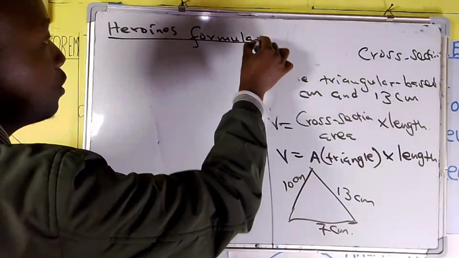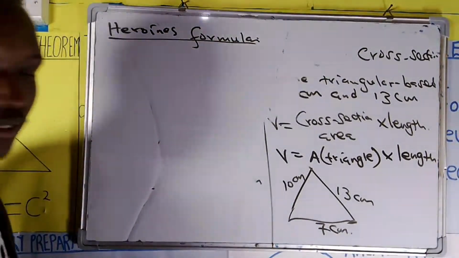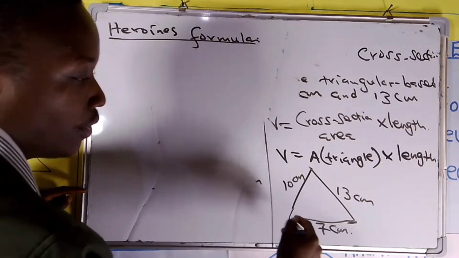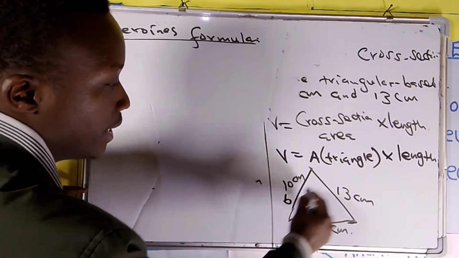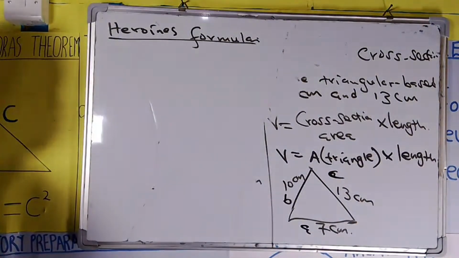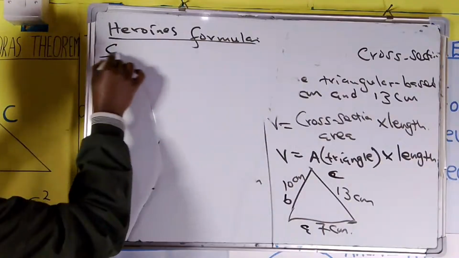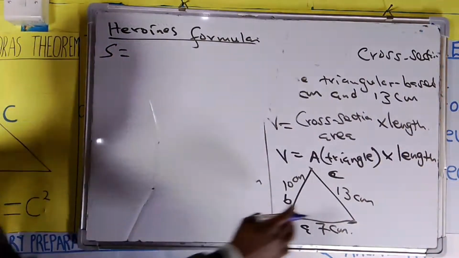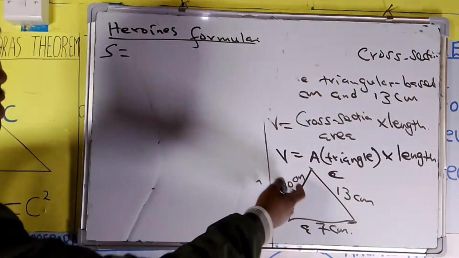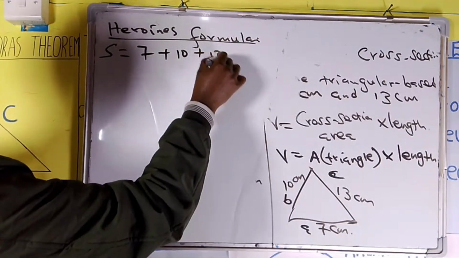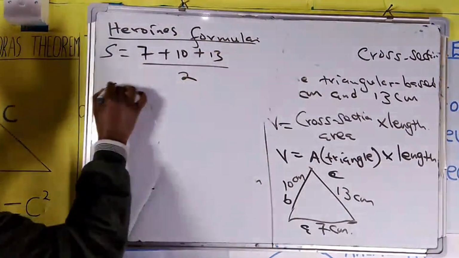How do we use Heron's formula? We call the sides A, B, and C. The first thing we determine is S. S is equal to A plus B plus C, that is 7 plus 10 plus 13, then we divide by 2.